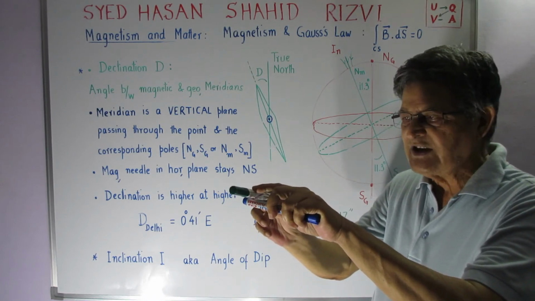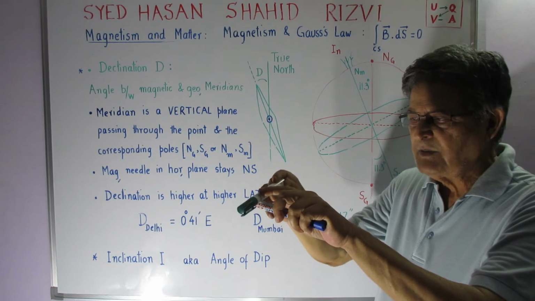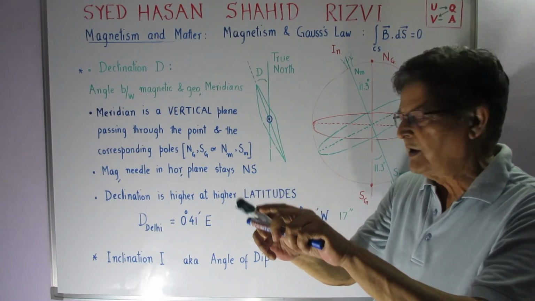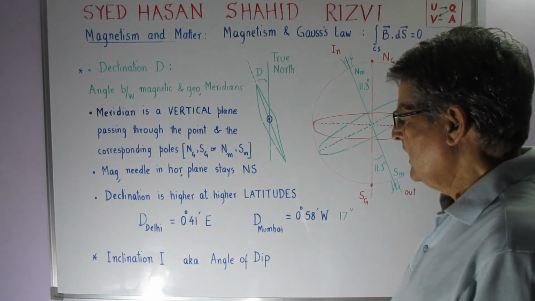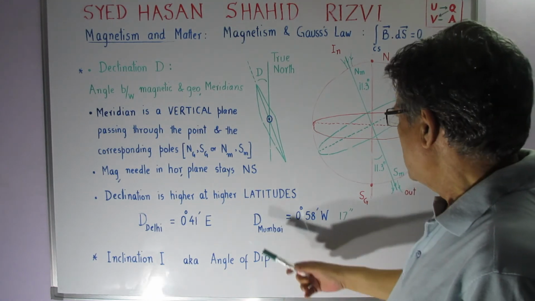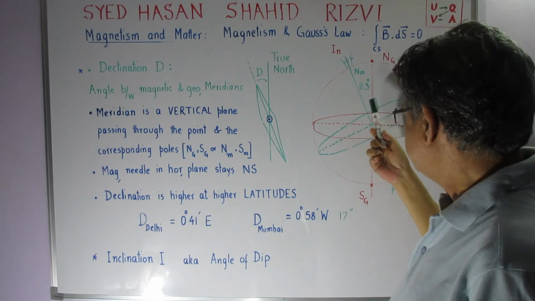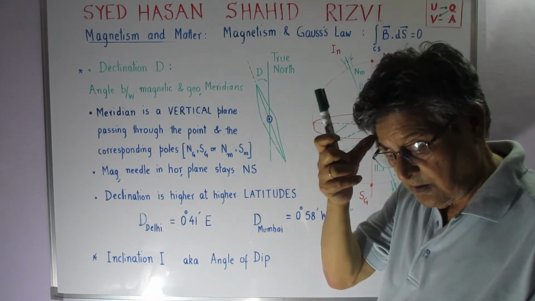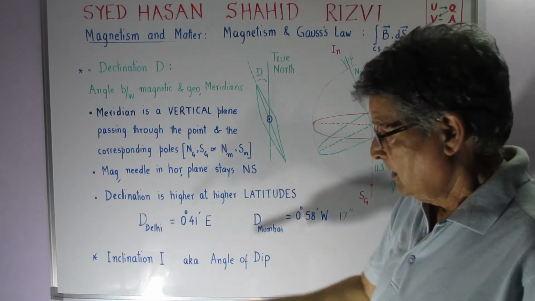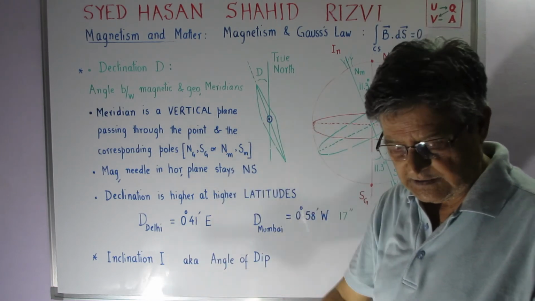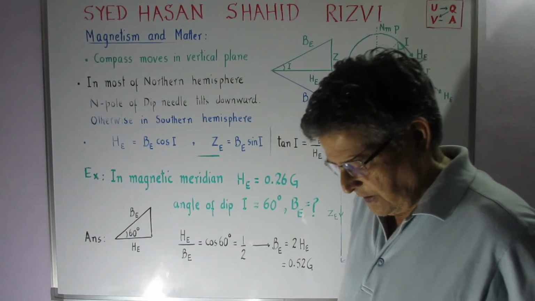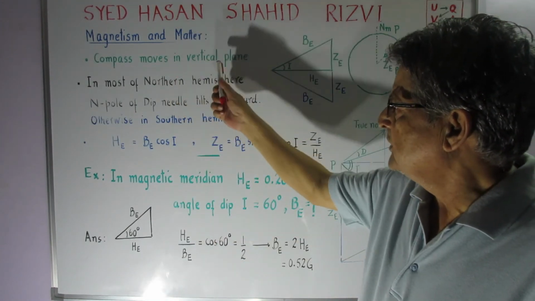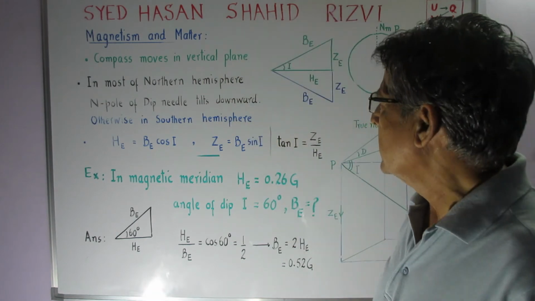So what happens is that the needle may dip like this or like this, okay. So that angle of dip is different in the northern hemisphere and southern hemisphere respectively, and we'll talk more about it in more detail just now. For the angle of inclination or the angle of dip, the compass moves in a vertical plane, okay.